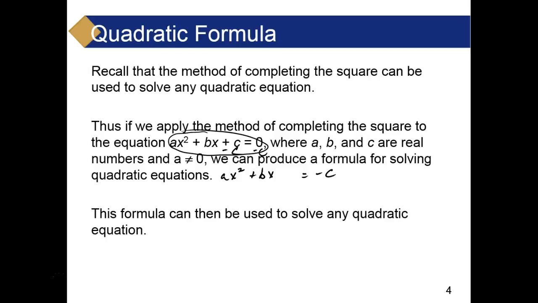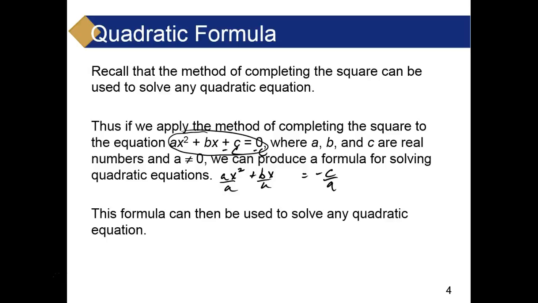Okay, we'll divide everything on both sides of the equation by a. And guess what else? That's the second reason a can't be 0, can it? We can never divide by 0. So there's another reason a can't be 0.